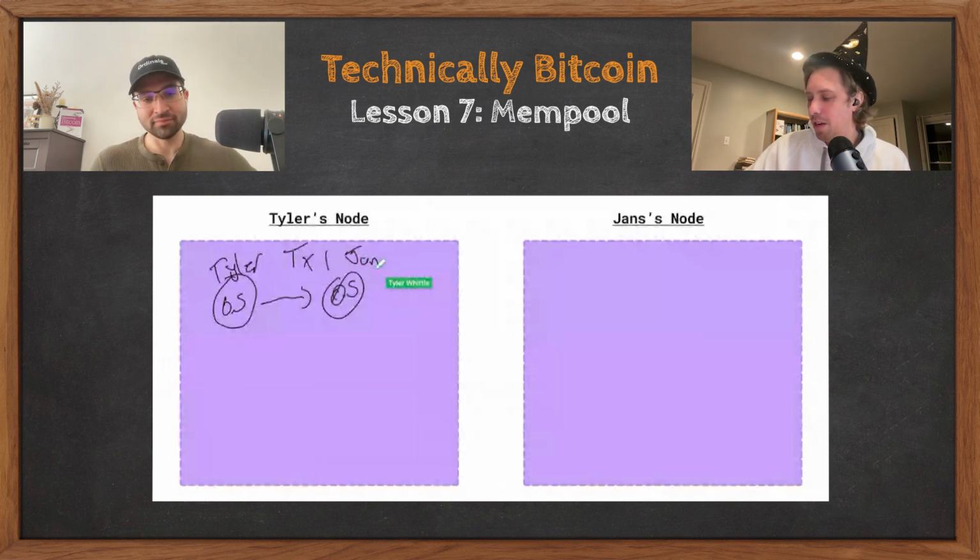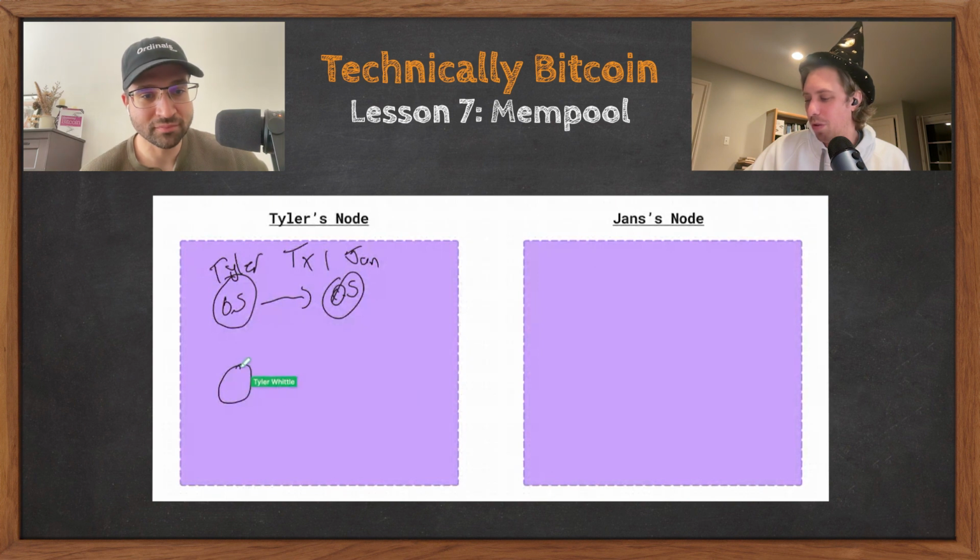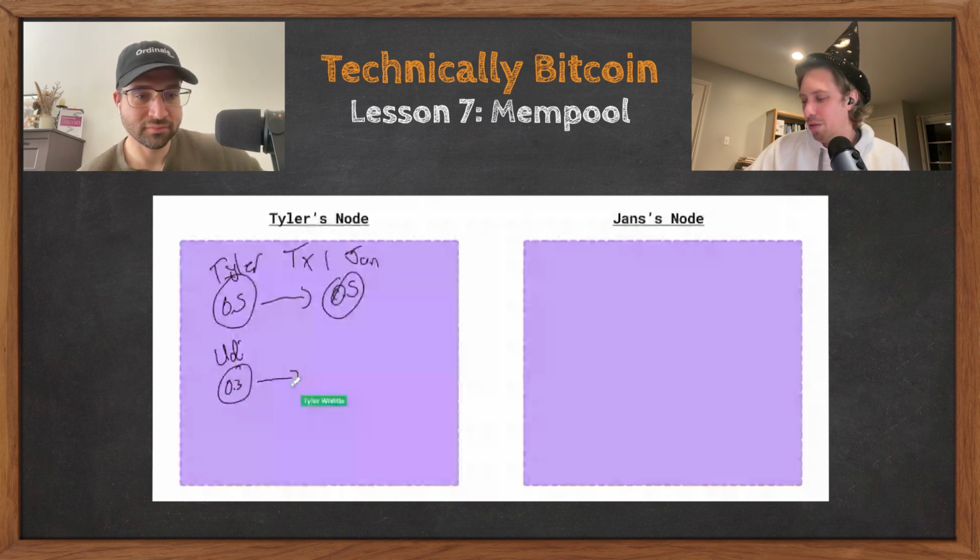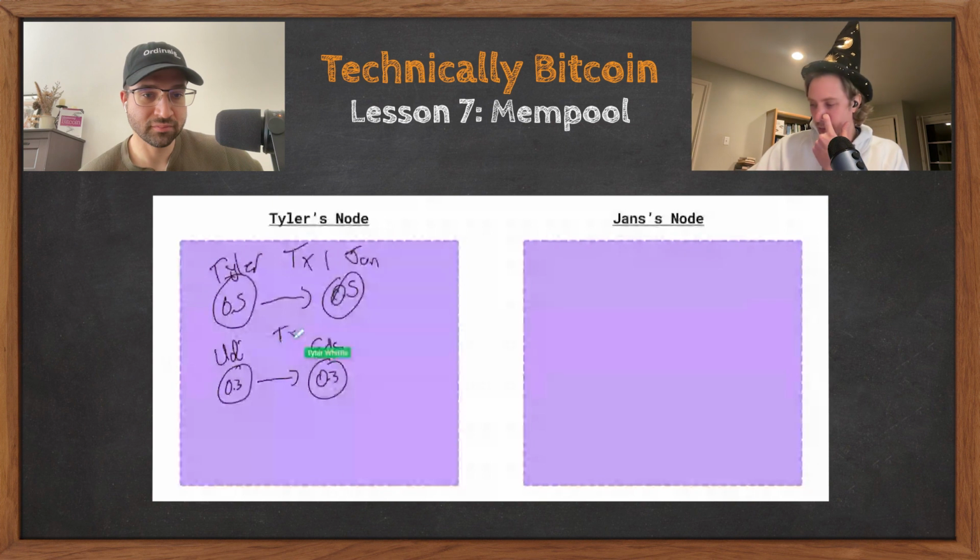Maybe my node has another transaction in the mempool too, one I've received from somewhere else. Maybe my node received something that said Udi wants to send 0.3 Bitcoin to Eric. This is sitting here, and this will be transaction two.